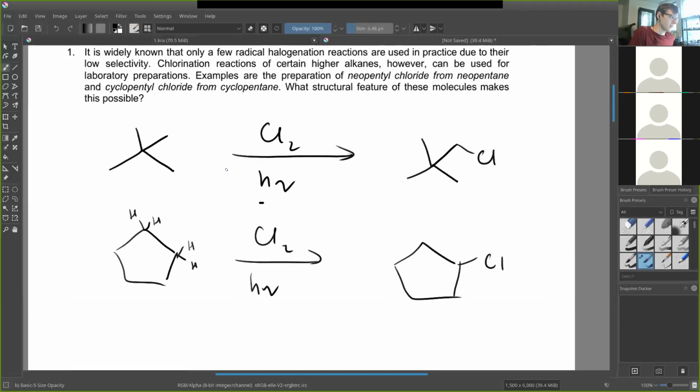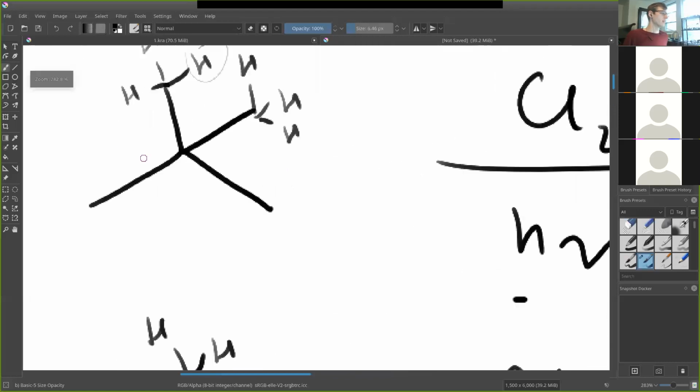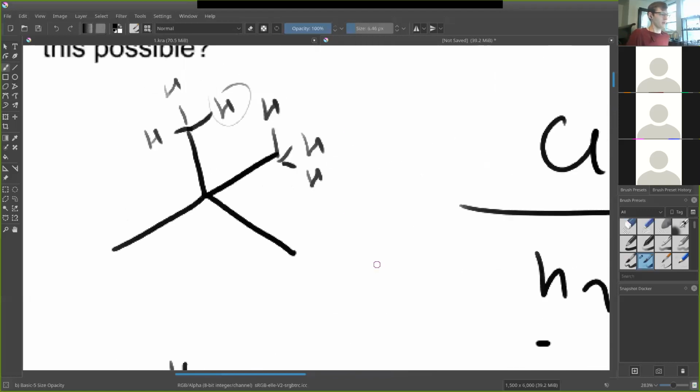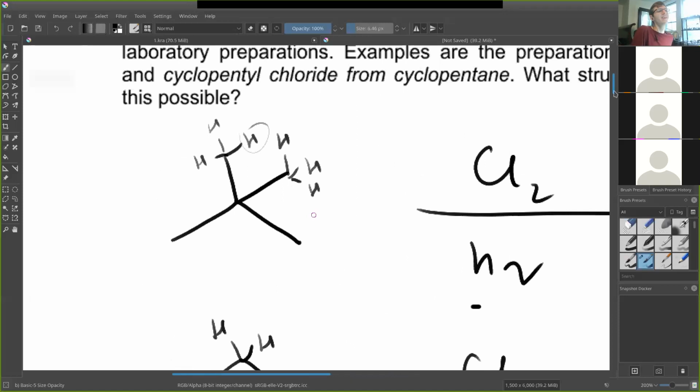And the same goes for this molecule here, right? So here are all these extra hydrogens, and let's say that I'm this hydrogen right here. I'm going to zoom in. Okay, maybe I don't want to zoom in that much. Here we go. Let's say that I'm this hydrogen right here. All I can see is this carbon and these other hydrogens.